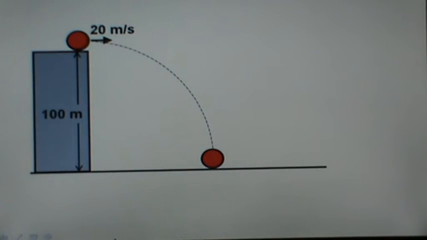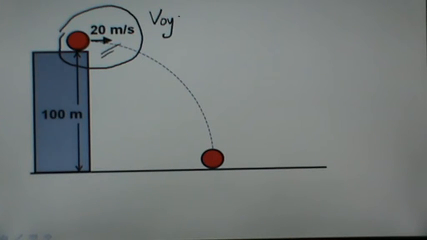Okay, so if we have this situation in which the initial velocity of the ball only goes to the horizontal direction like this, therefore we can say that the initial velocity in the vertical direction, or V0Y, is 0.